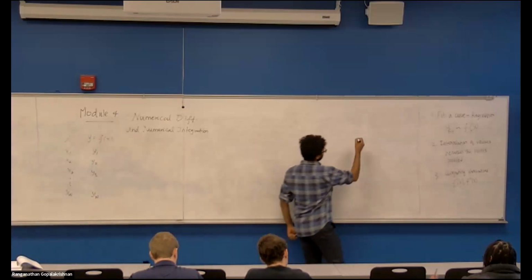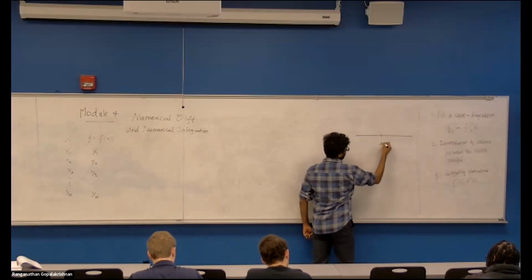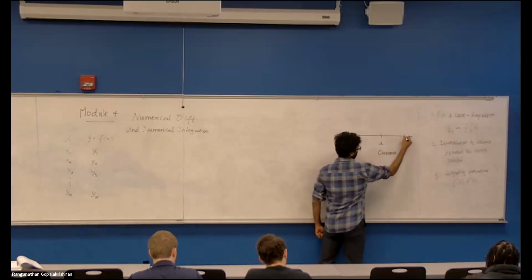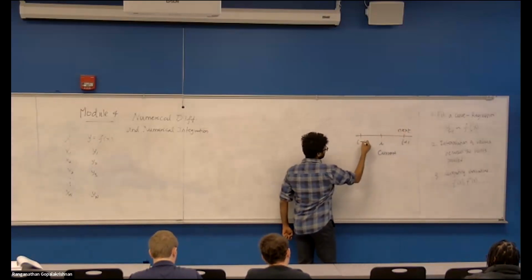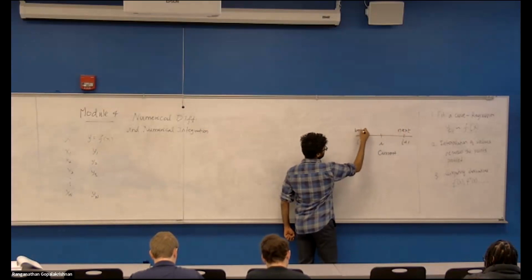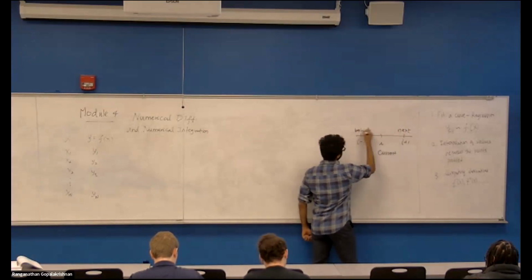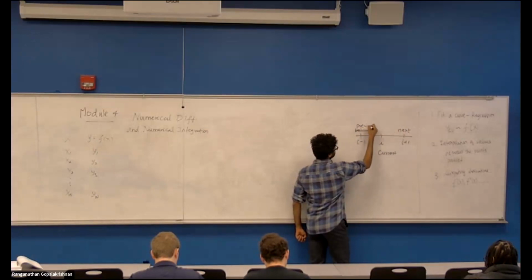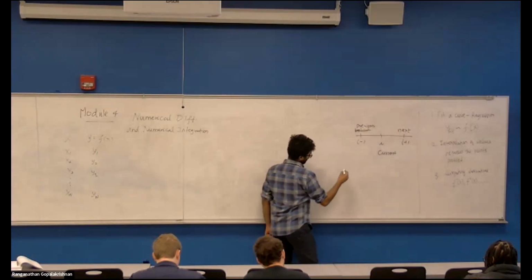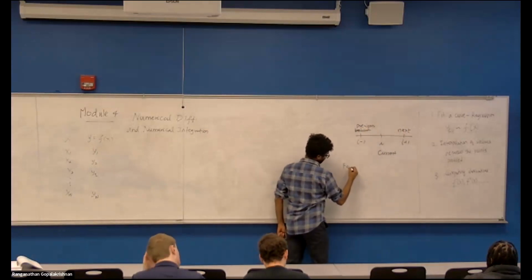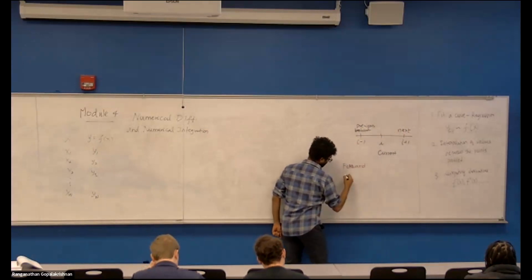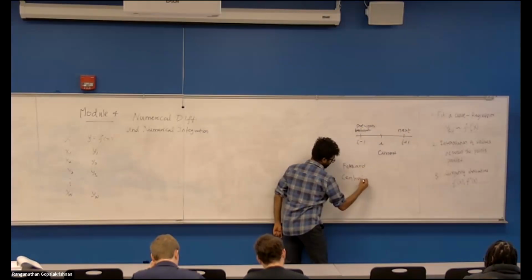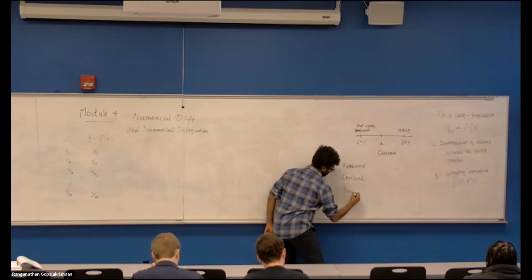We talked about a grid point I, which we'll call current. There is I plus 1 next, and then I minus 1 behind, or previous. So we have different types of approximation: forward differencing, central differencing, and backward differencing.